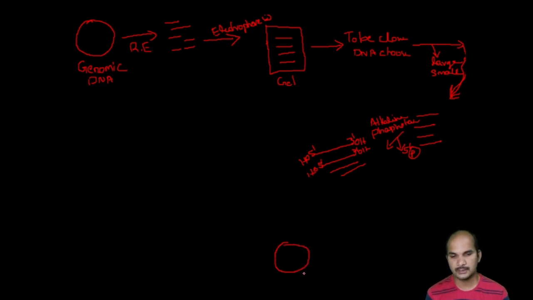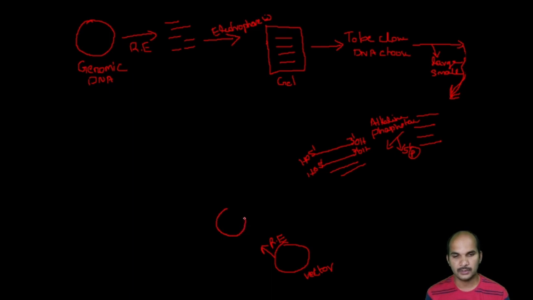So this is the vector. We restrict the vector with restriction enzymes. The same restriction enzyme used for the genomic DNA is also used for the vector restriction.